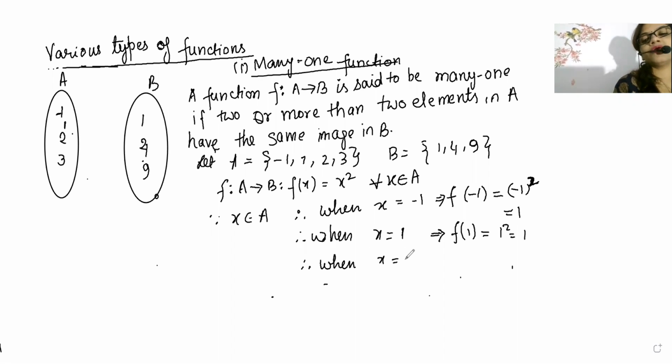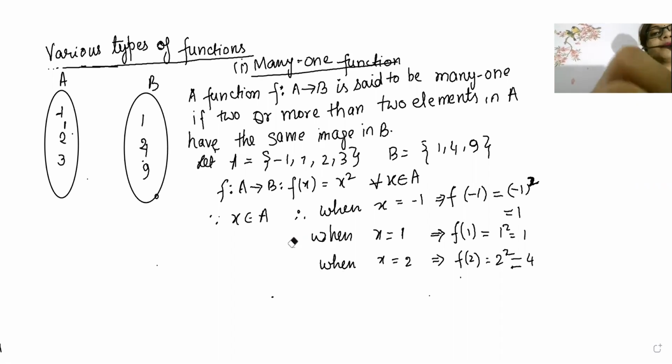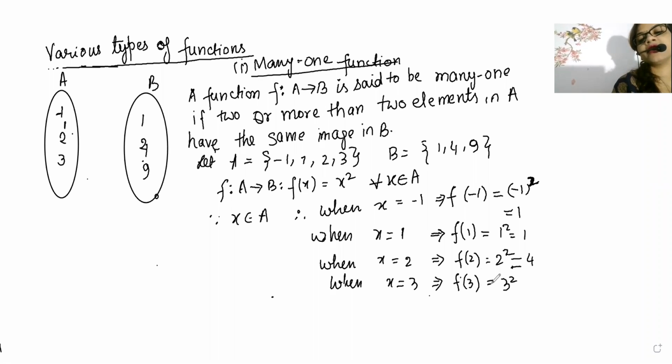When x is equal to 2, f of 2 is equal to 2 square, that is equal to 4. When x is equal to 3, f of 3 is equal to 3 square, that is equal to 9.